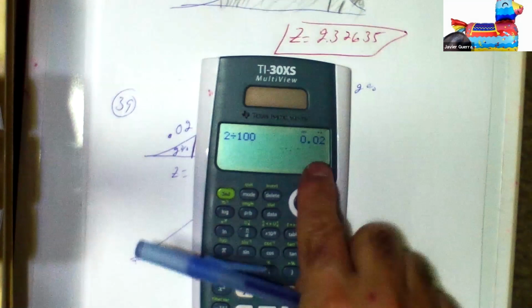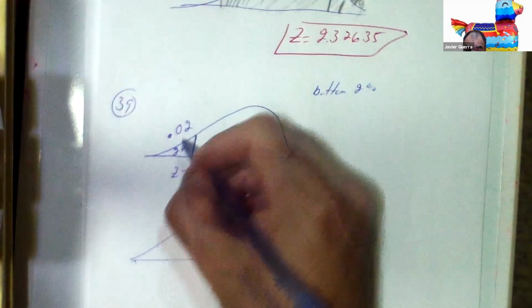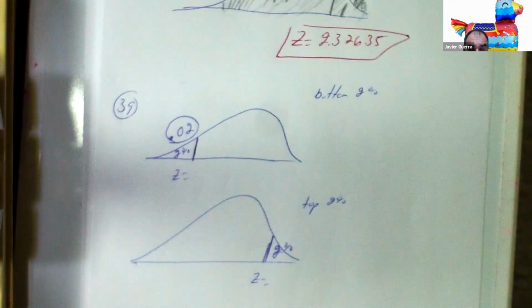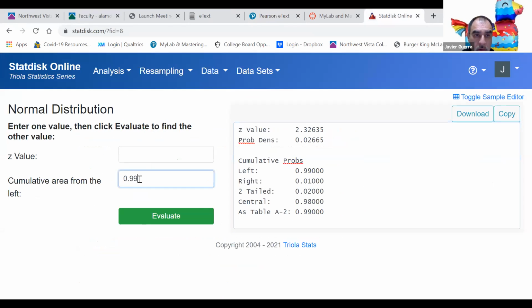0.02. I'm going to enter that number in StatDisk. Put that in StatDisk. What is it? 0.02. There it is.